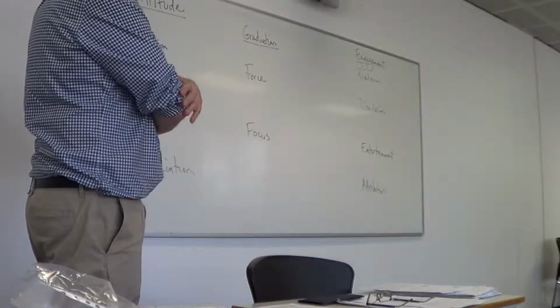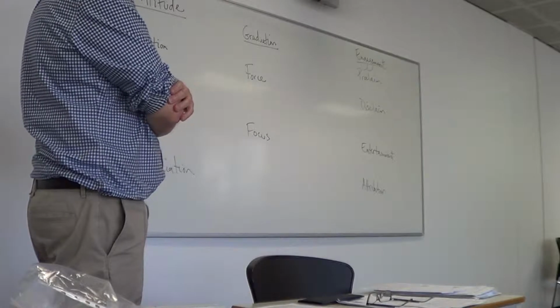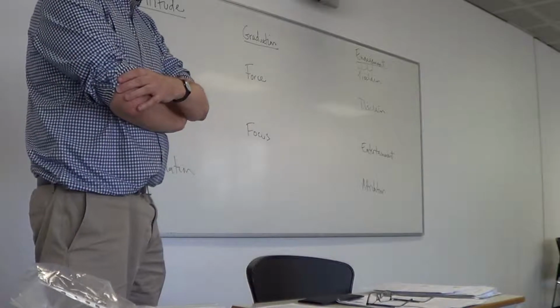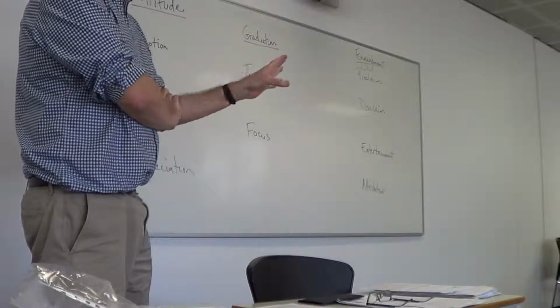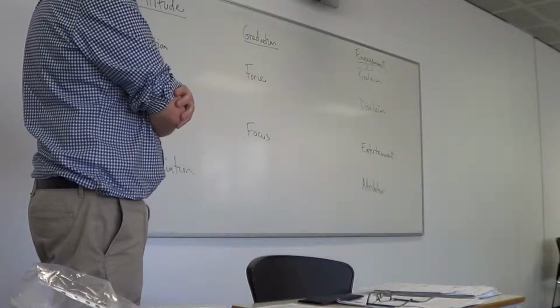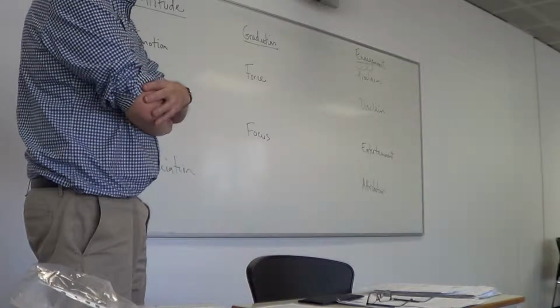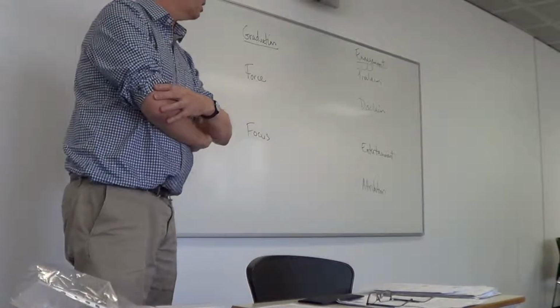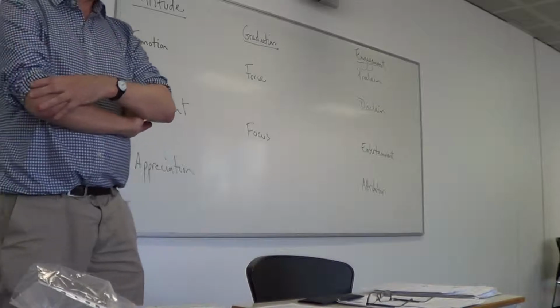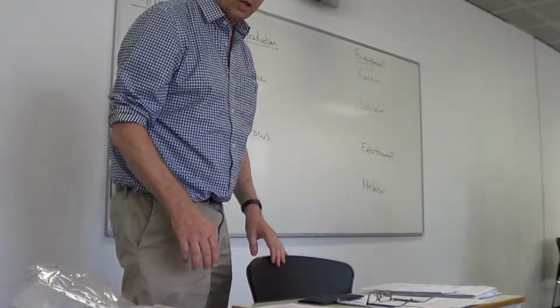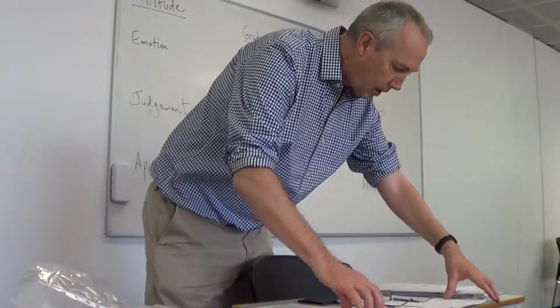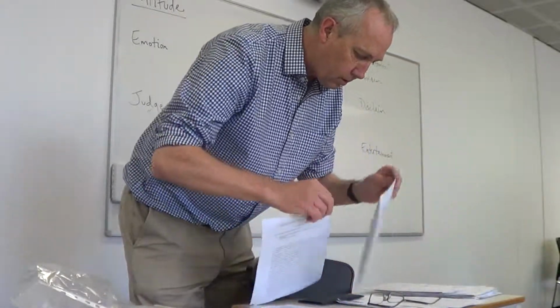It's developed mainly by Jim Martin and Peter White in Sydney as an outgrowth of functional grammar. And I went to a day workshop on it earlier this year, and I'm bringing back some of that information, some of those ideas. So I'll just run through it.